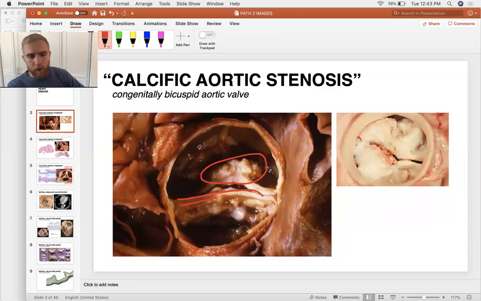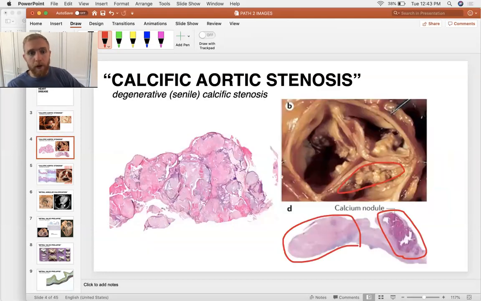And again, in both of these, the reason for the calcium is that the fibroblasts inside a valve transform into an osteoblastic phenotype. And remember, phenotype's not the same as a genotype. A phenotype means what it looks like on the outside, and a genotype means what something is on the inside. And so the phenotype means they're not literally osteoblasts, but they're performing an osteoblast-like activity.